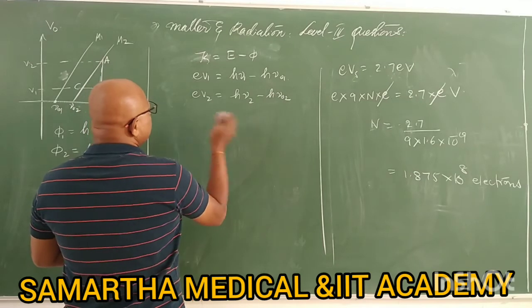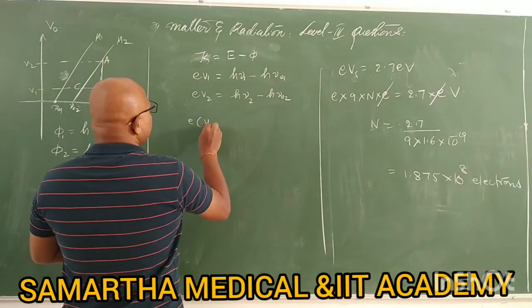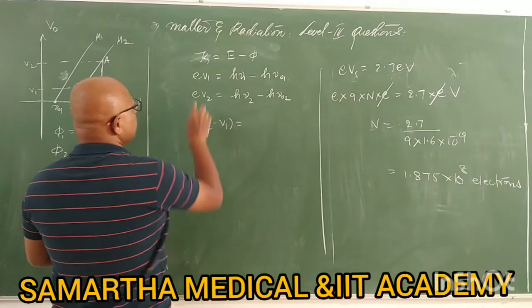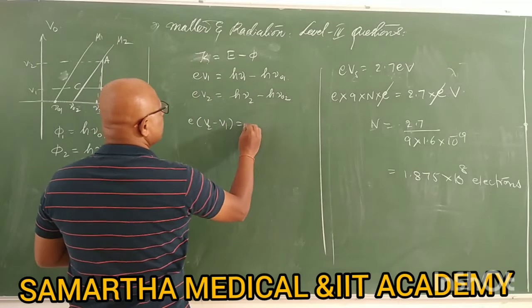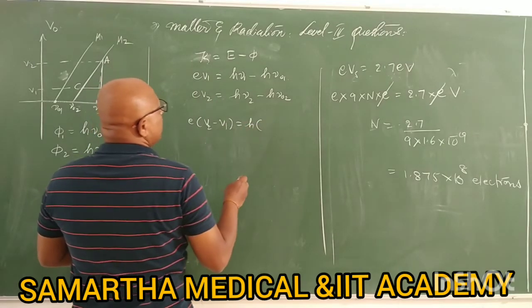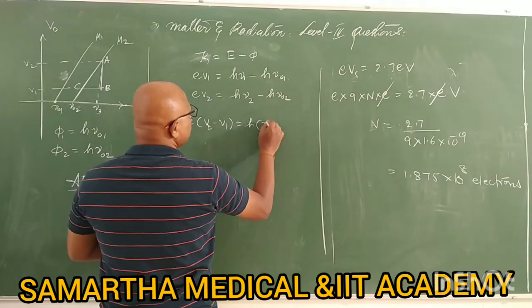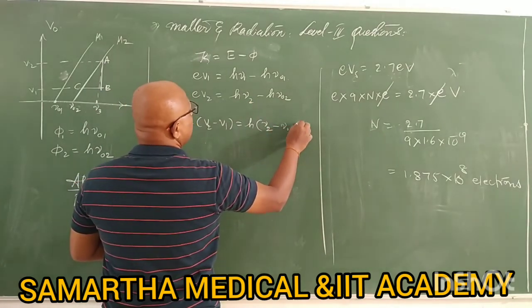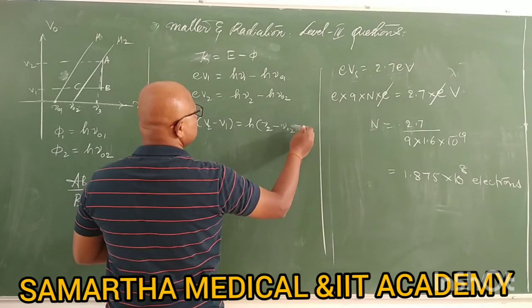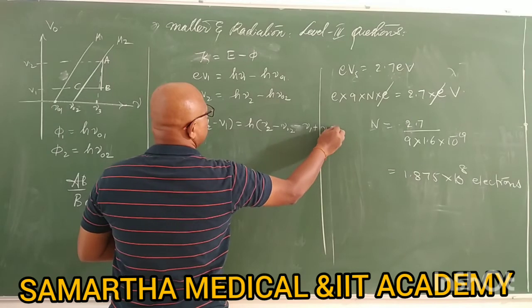If you subtract these two equations, e into V2 minus V1, h will be common, and it becomes nu 2 minus nu naught 2 minus nu 1 plus nu naught 1.